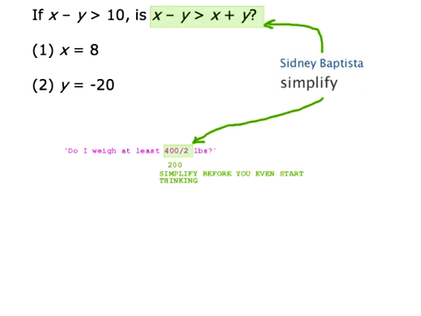So you can subtract x from both sides. Notice this is still a question. Make sure that you do not drop the word "is" or the question mark. Notice Rumi is keeping those things. That's a good thing to do. So we have: is x minus y greater than y?